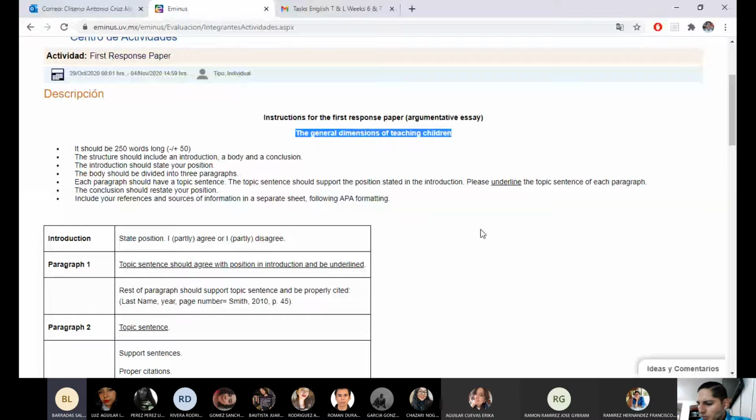A response paper is also an option for those who feel comfortable expressing their ideas and insights by the written discourse.